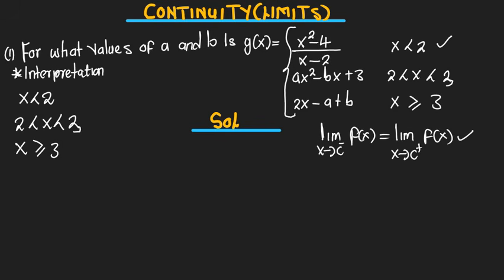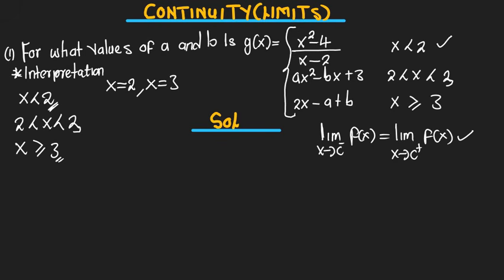The first observation that you should make is there are only two values at which x is being defined: 2 and 3. So your defining points are x equals 2 and x equals 3. That's the first point you must put in your head.